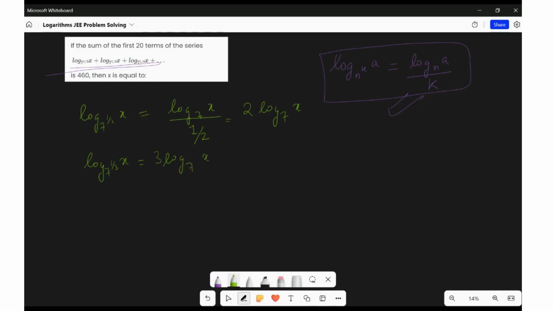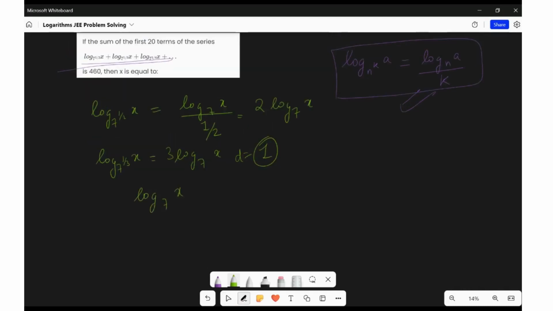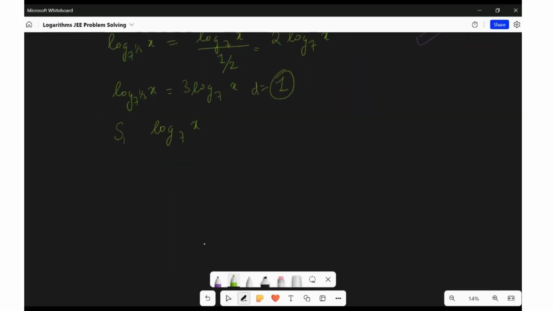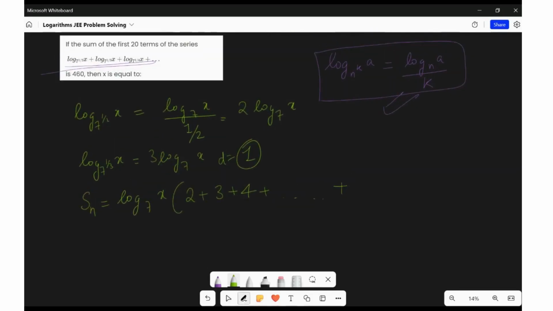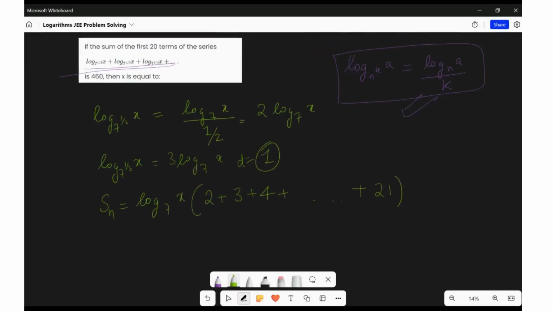That means the common difference is 1, right? d is 1. So we can take log x base 7 as common for the sum into 2 plus 3 plus 4 plus, and so on, till the 20th term, and the 20th term we know that it will be 21.